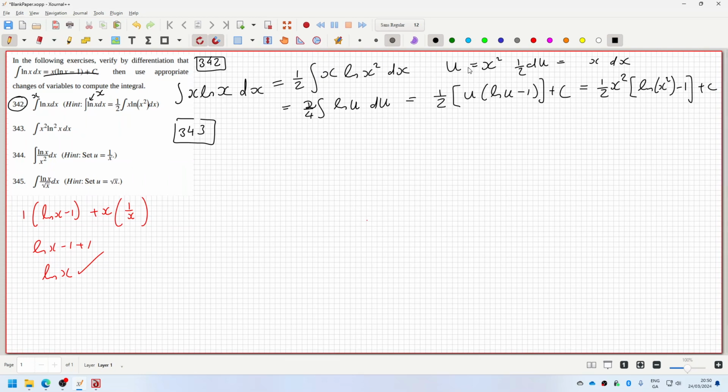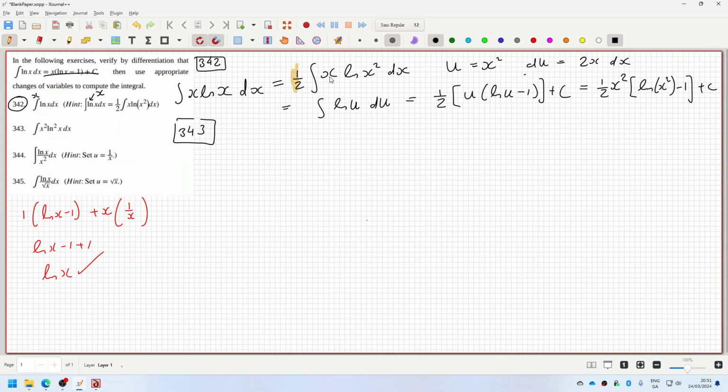So the u is x squared, so that means du dx equals 2x, so a half du equals x dx. So it means then that this half here, no, sorry, I should have said du equals 2x dx.